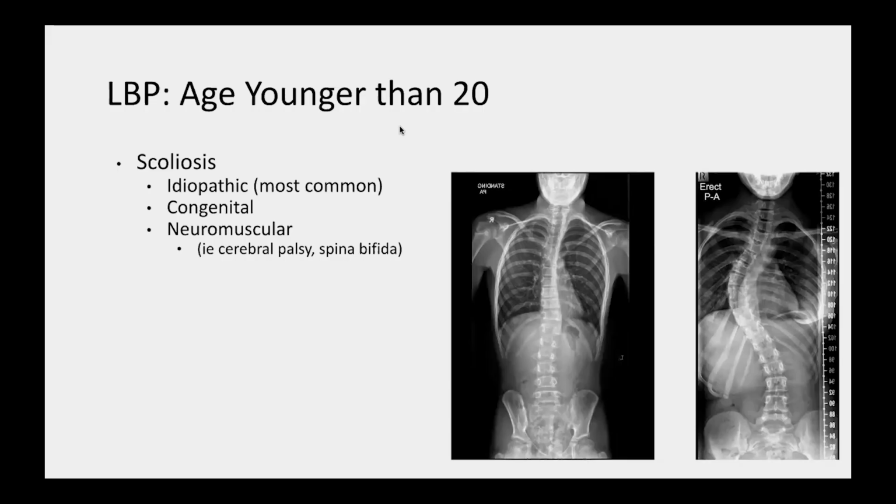If scoliosis is suspected based on a physical exam, X-rays of the spine can help assess the curvature and guide further treatment options. So on the image on the left, we're seeing a patient with a milder form of scoliosis. On the right side, we're seeing a different patient with a bit more severe form of scoliosis.